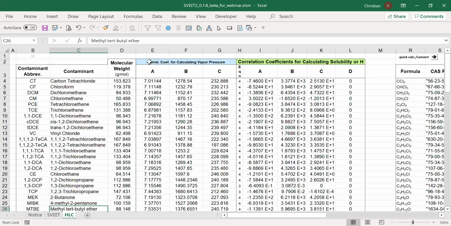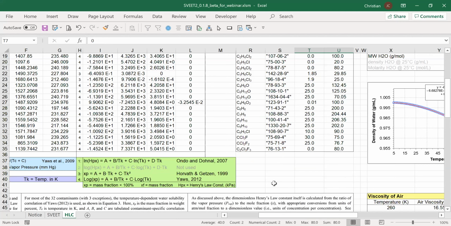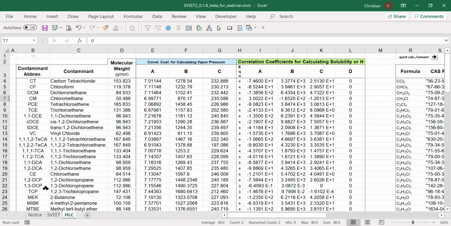So it calculates temperature-dependent vapor pressure and solubility to get the Henry's law constant, has molecular weight, and there's another. Here's the temperature constraints on the solubility, and it also has things like the temperature and density correlations. So all that information is here for reference as well.